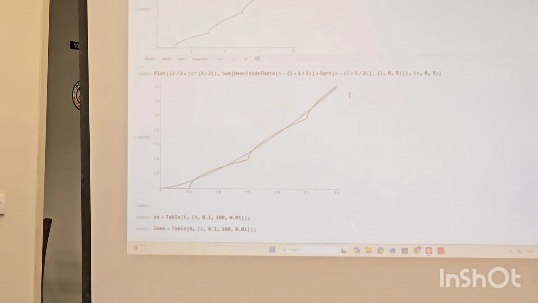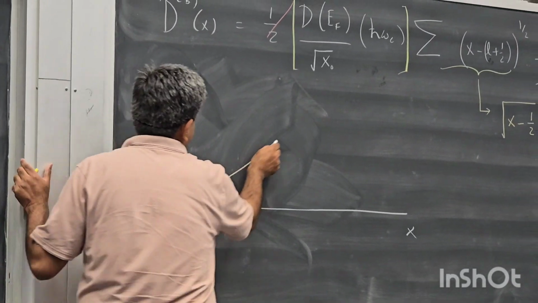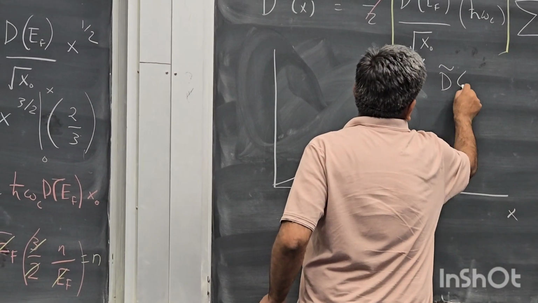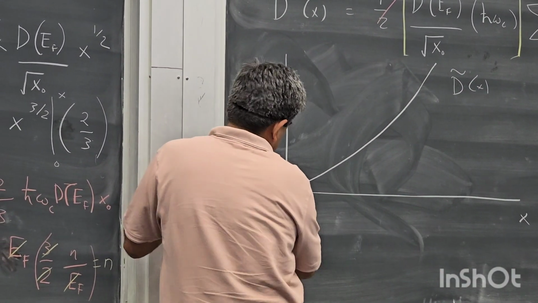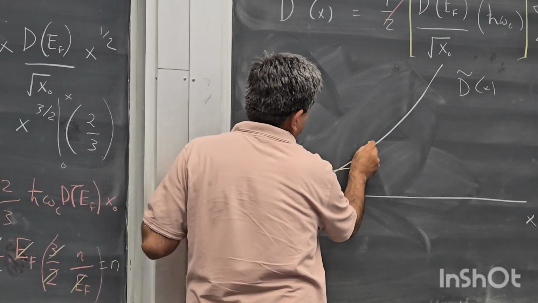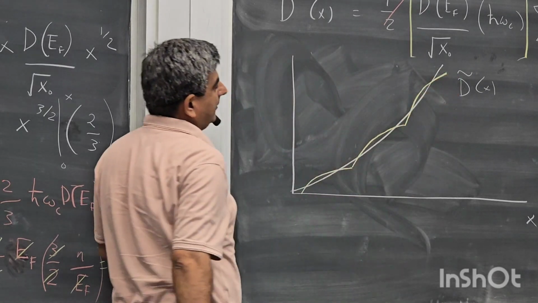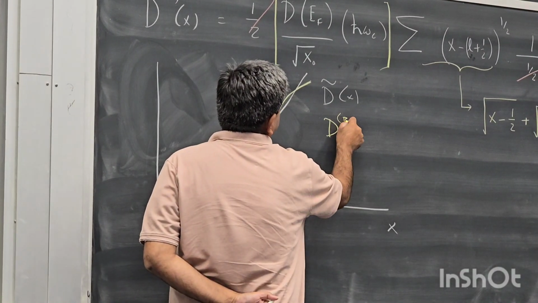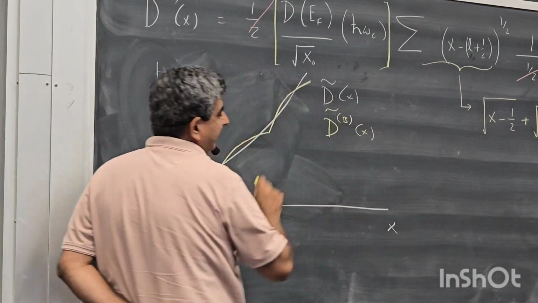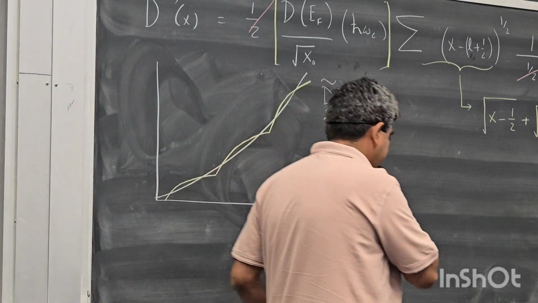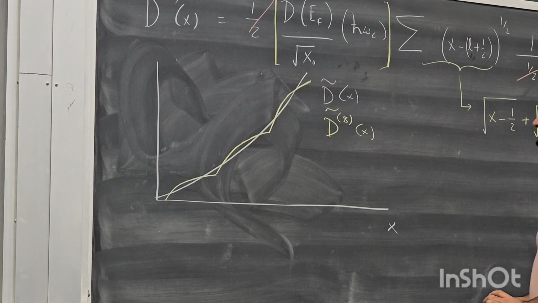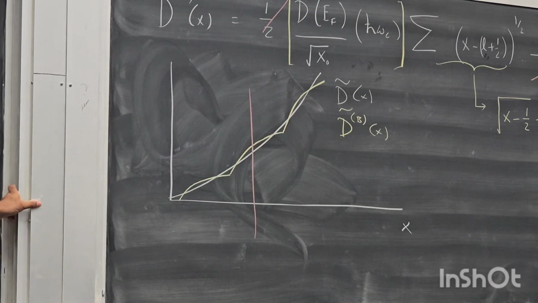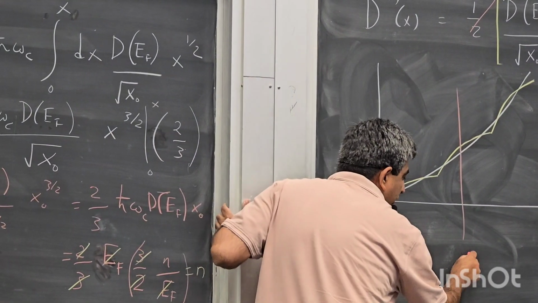the change in the density of states. This is d integrated x, and in yellow, okay, so this yellow is d integrated in the presence of a magnetic field. Now suppose in the absence of a magnetic field this is my Fermi level x naught.